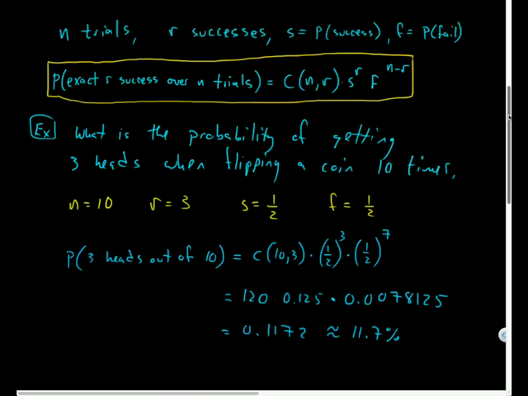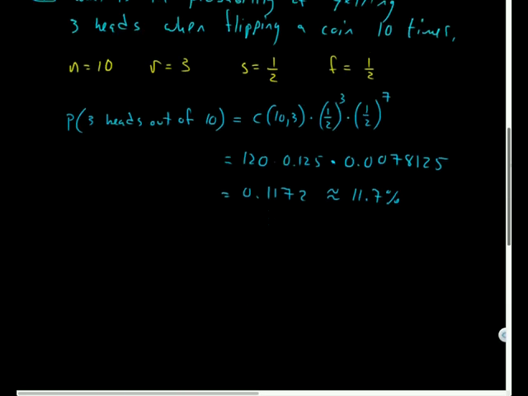Let's consider another example in which the successes and failures are not equivalent, or the probability of success. Let's say 5 over 6 free throws, so playing basketball.